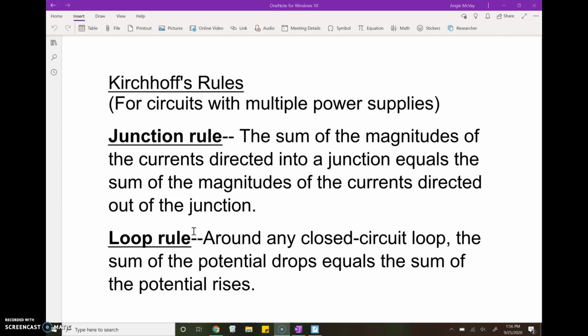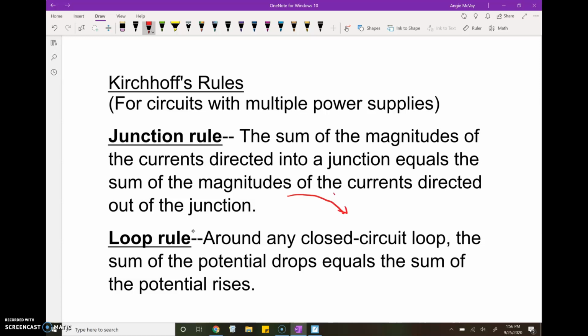So the junction rule says the sum of the magnitudes of the currents directed into a junction equals the sum of the magnitudes of the current directed out of a junction. So really what this is saying is if you had two currents going into a junction, I1 and I2.